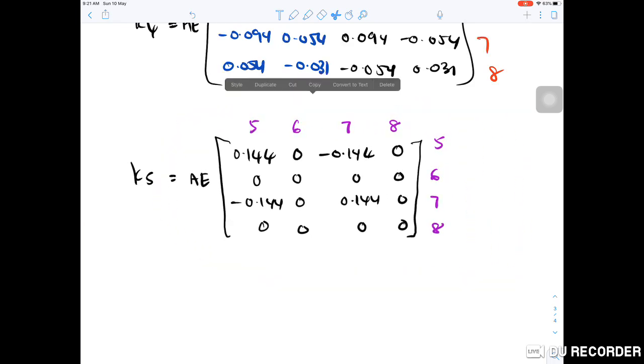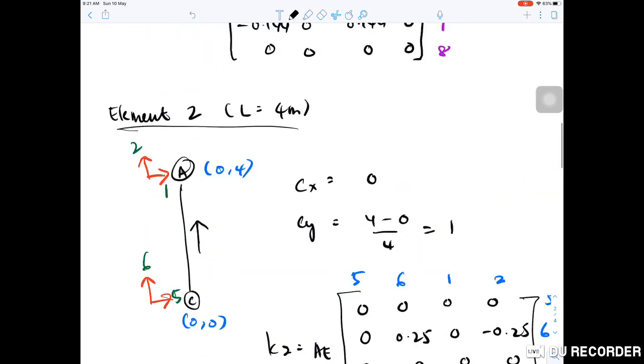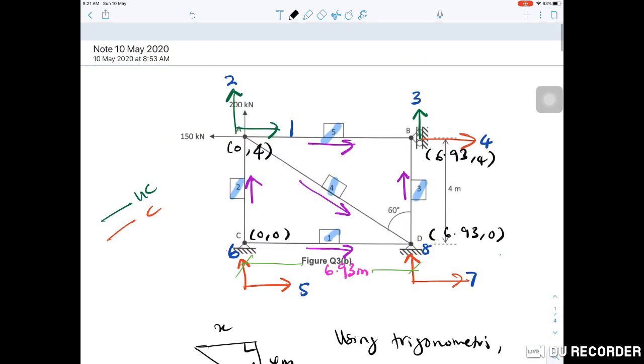And I need to label the degrees of freedom for element 5.